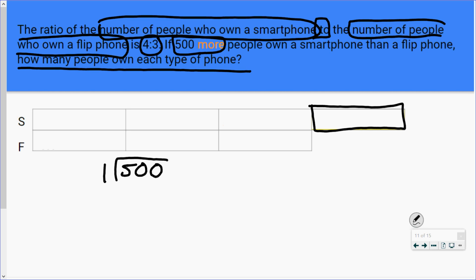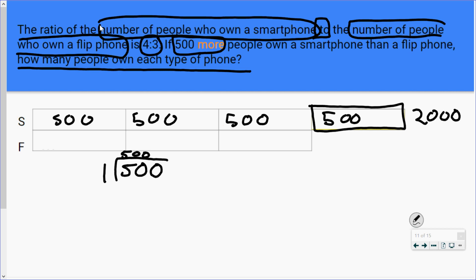So that keeps 500. Then the 500 is the ratio constant. Okay, so then if you multiply 500 times 4, that's 2,000, and 500 times 3 is 1,500. And put 500 here. That's 500, not 600.